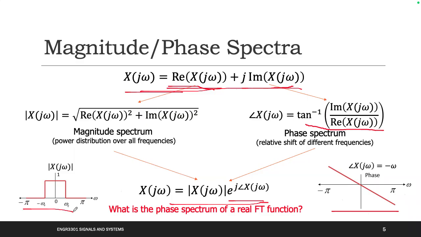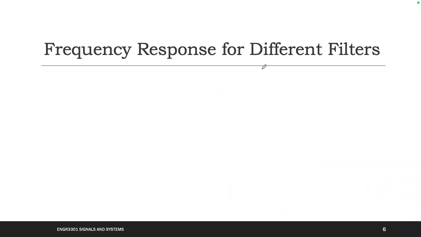Okay, then let's talk about the frequency response for different filters. You can see in many classes you learn many filters, am I right? Can you give me some examples? I know you must have learned some filters in some classes. Give me some examples.